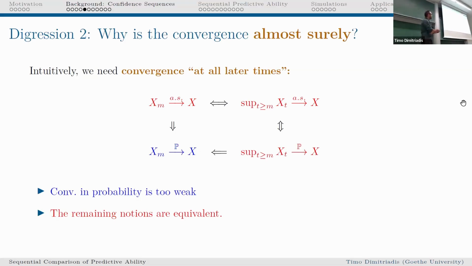It turns out that these three criteria in red are all equivalent and stronger than this criterion. And the easiest of these three is almost sure convergence. That's why we want almost sure convergence, because that implies convergence at all later times. What's a bit surprising is that this equivalence holds.